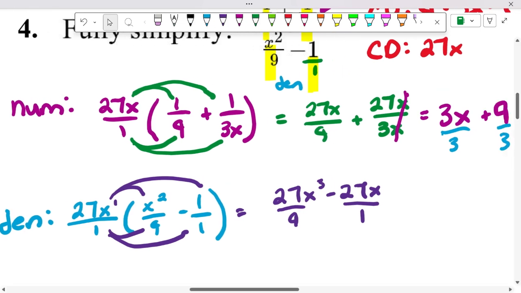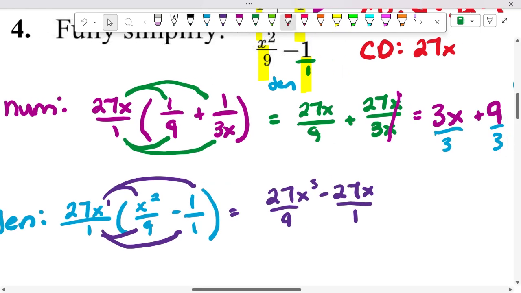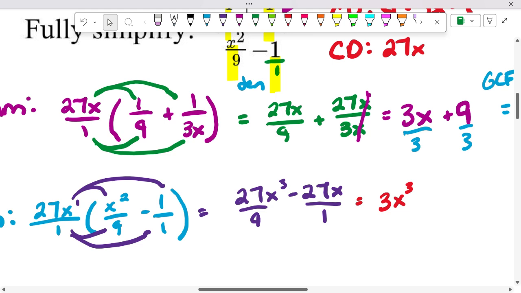Now we're simplifying. So 27x cubed over 9 simplifies down to what? 3x cubed. 27 divided by 9 is 3. And then you slap on the x cubed. 27x divided by 1 is 27x. Make sure you got that minus in front of it.